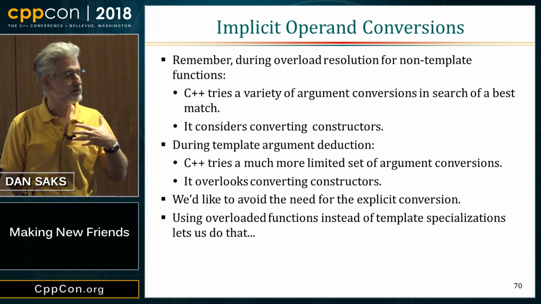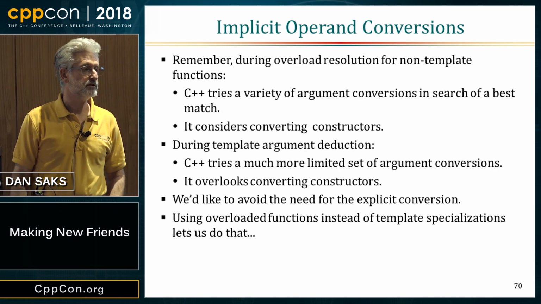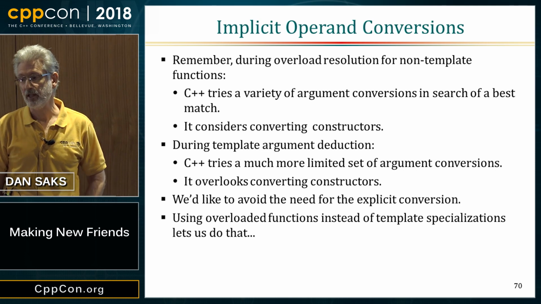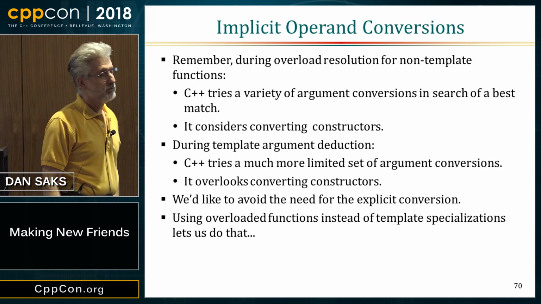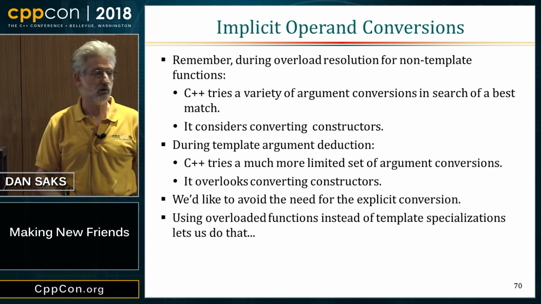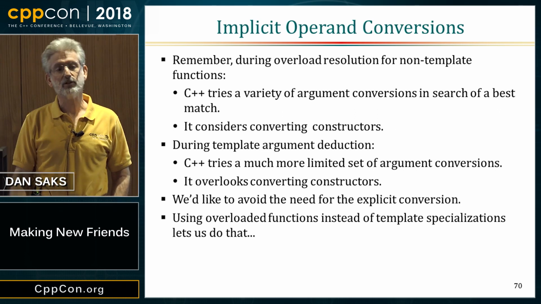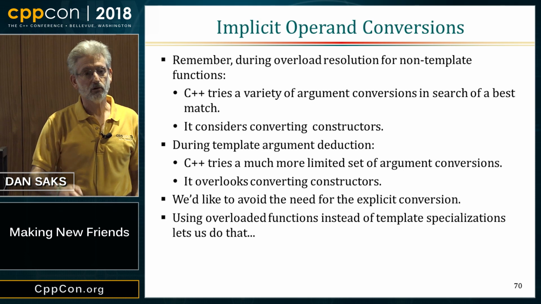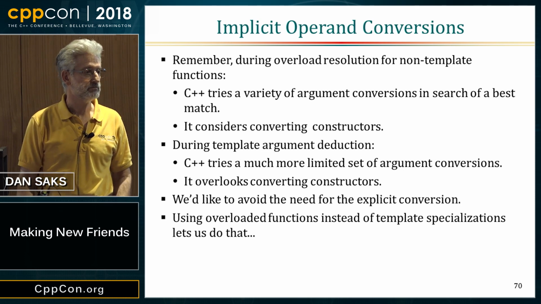Overload resolution uses a fairly generous set of user-defined conversions in an effort to make a match, and it includes the use of converting constructors. But when we switched to turning rational and all of its operators into templates, a lot of those conversions were now not available during template argument deduction to figure out if we could make a match.